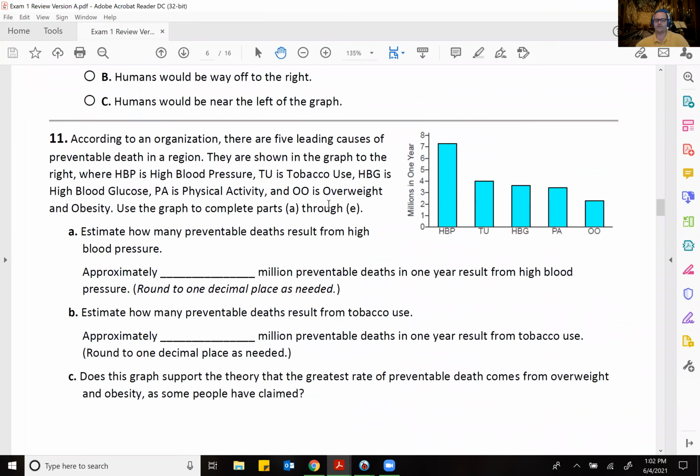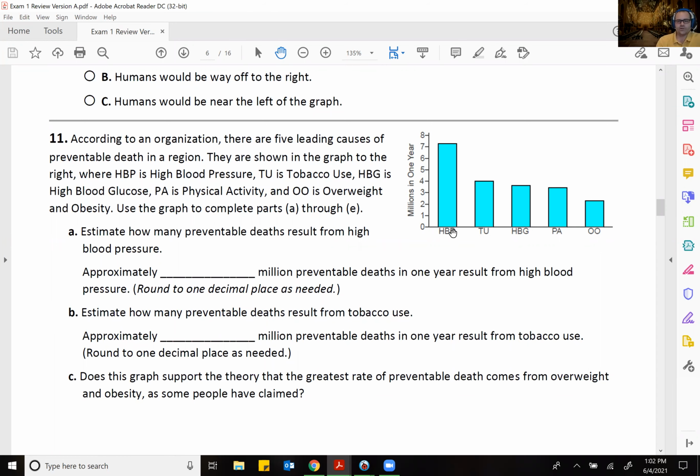All right, number 11. Look at this, we're almost halfway through. According to an organization, there are 5 leading causes of preventable death in a region. They are shown in the graph to the right, where high blood pressure, tobacco use, high blood glucose, physical activity, and overweight and obesity.